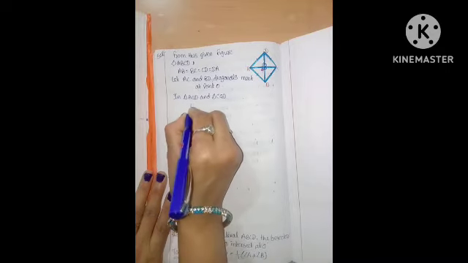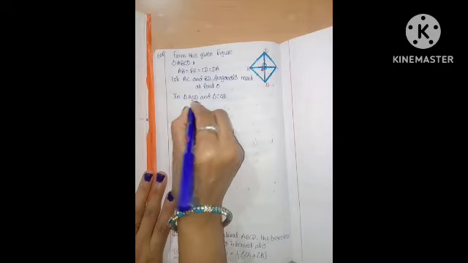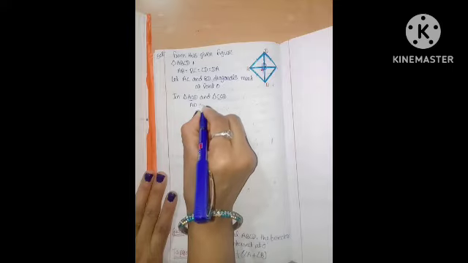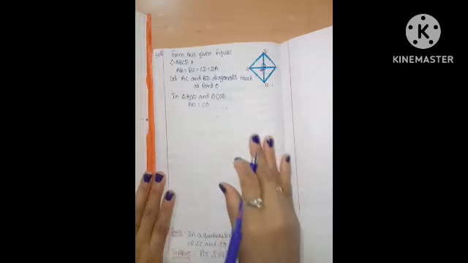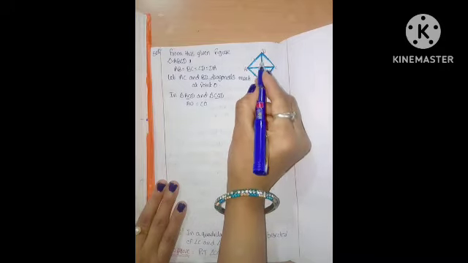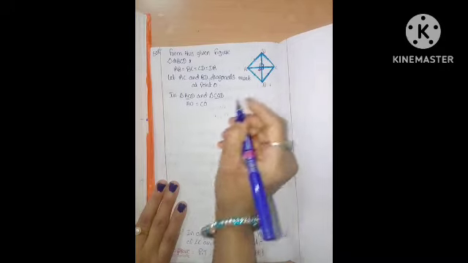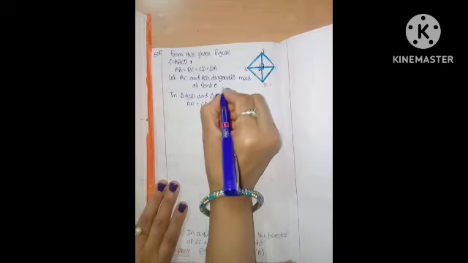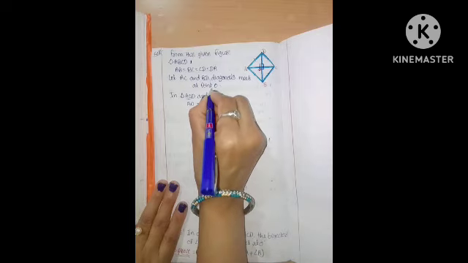In these two triangles, AO equals CO. The two diagonals perpendicularly bisect each other in a rhombus.